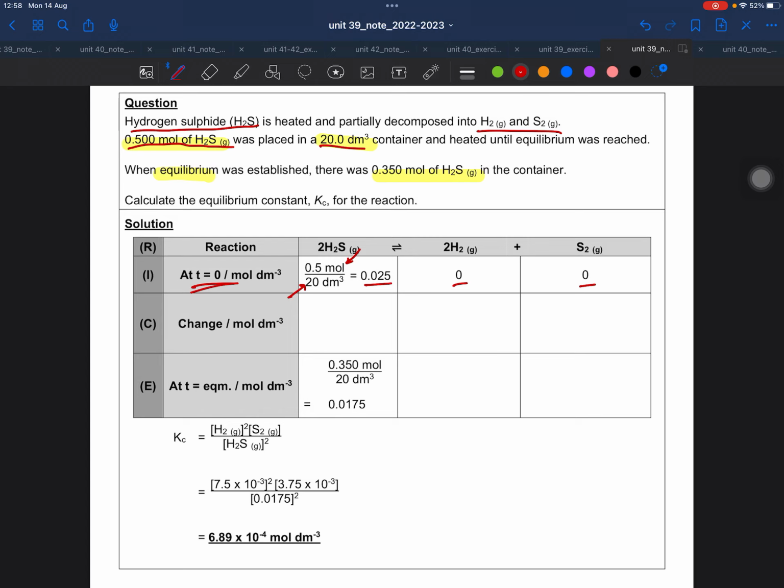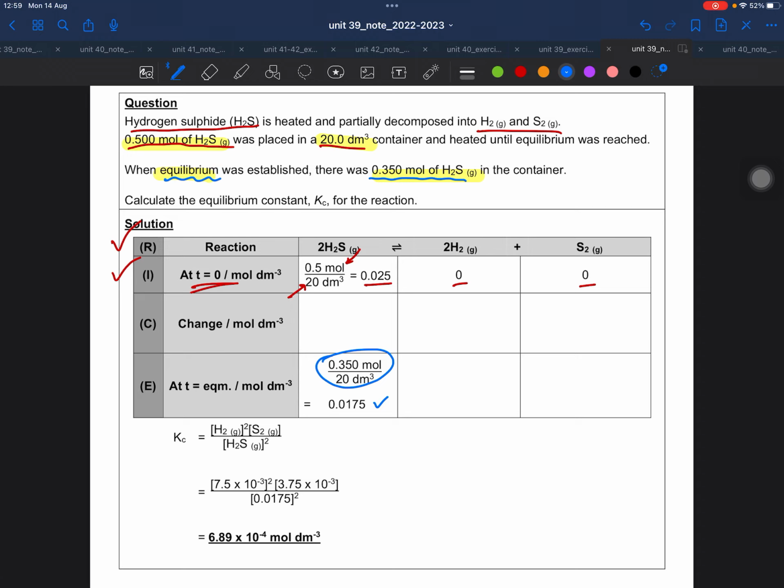And sorry to say, we don't have any H2 and S2 at the beginning. So finished, right? We have R and we have I already. We don't know the change, but we know that at equilibrium, only 0.35 mole of H2S remains. Alright, the container hasn't changed, so the final concentration is 0.0175 for H2S.